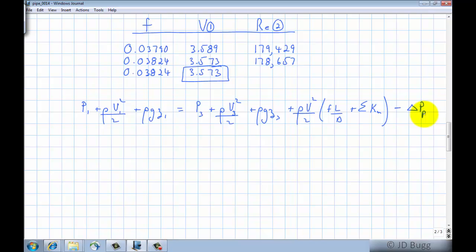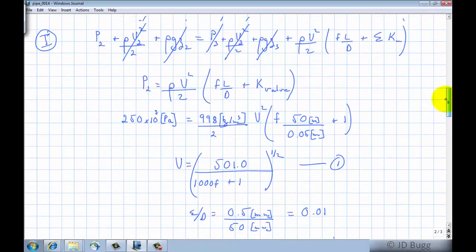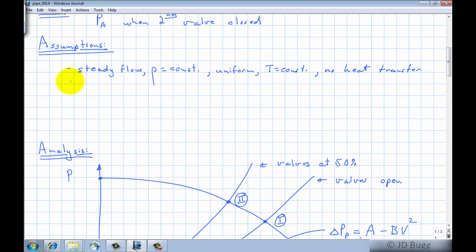So again, we can apply similar assumptions as before. We begin and end at atmospheric pressure. The reservoir is large, so that velocity is very small. So I'll go back and add that to my assumptions: a large reservoir. And that's what makes V1 equal to 0.